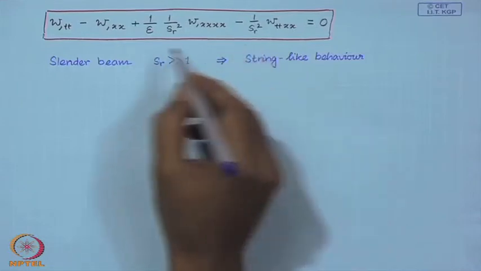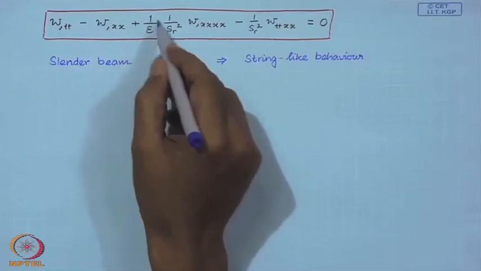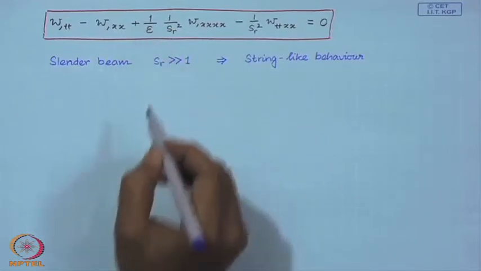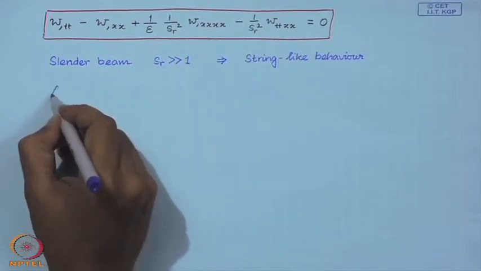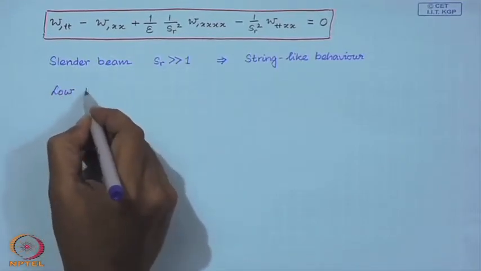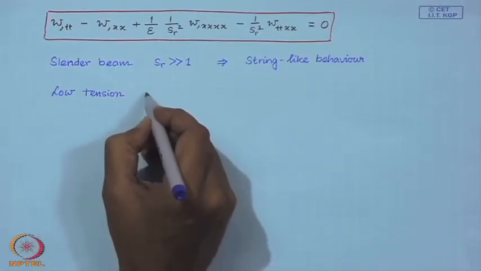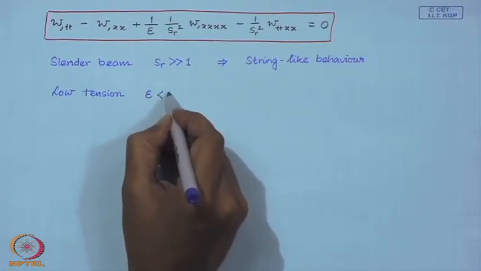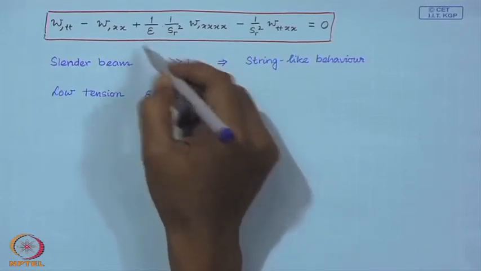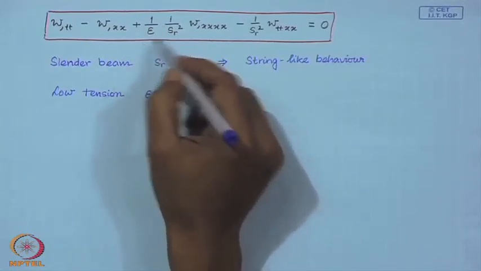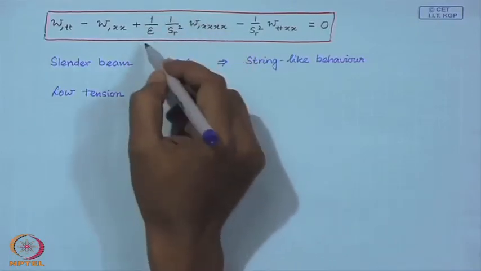On the other hand, if this strain is very small, so the axial strain is very small. So, if the tension is small, and the axial strain is very small, in that case this term might become significant.